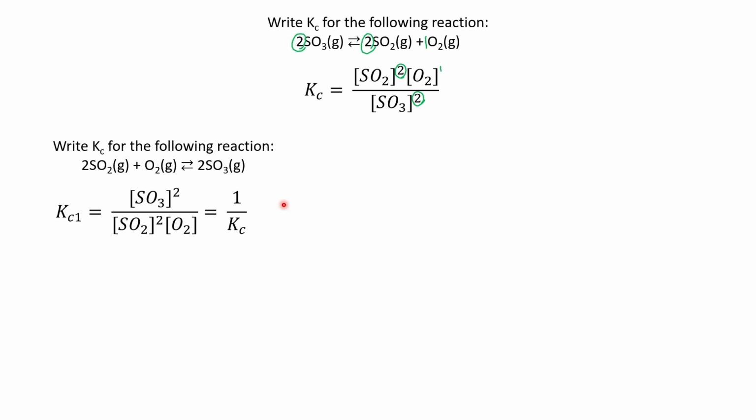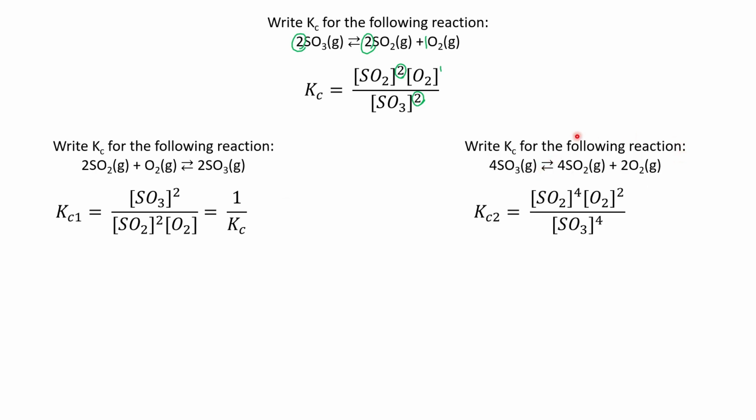Let's do something else with this equation. All right, here is the Kc for this equation right here. Let's compare it to our original equation. We still have products and reactants the same, but what have I done with this modification? I've multiplied everything through by 2. I'm going to call this Kc2, again, just to differentiate it from Kc and Kc1.